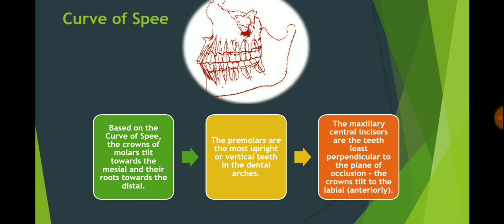The maxillary central incisors are the teeth which are least perpendicular to the plane of occlusion. The crowns of the maxillary central incisors tilt to the labial. So the teeth with the most axial inclination in the mouth are the maxillary central incisors, because they are more tilted labially.